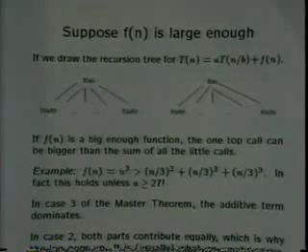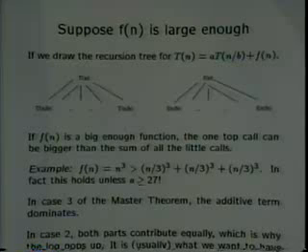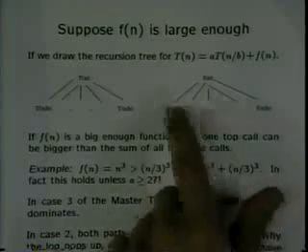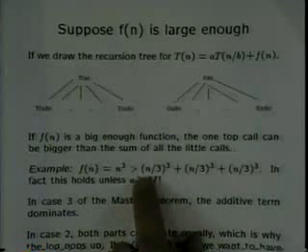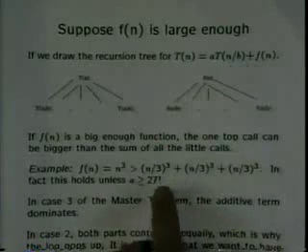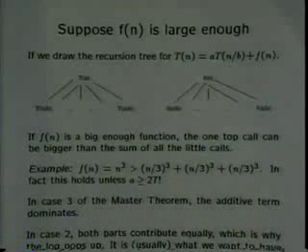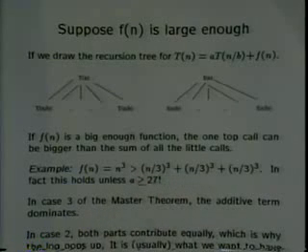Why is that? Well, let's take a look at an example. Suppose we had a case where f sub n was n cubed, and we were splitting it up into 3 calls. Suppose a was equal to 3, and b was equal to 3. We divided it into 3 things, each of which was taking n over 3 of it. n over 3 cubed is n cubed over 27.